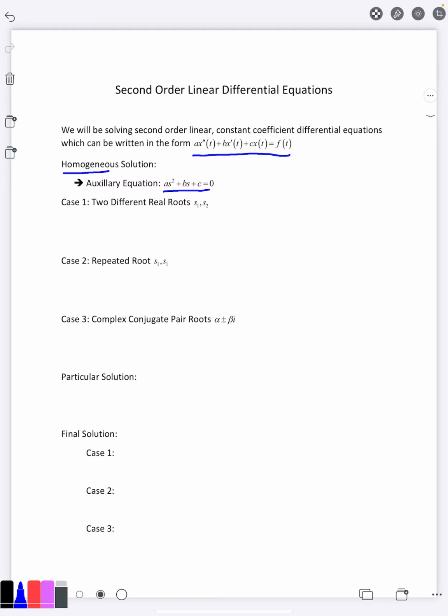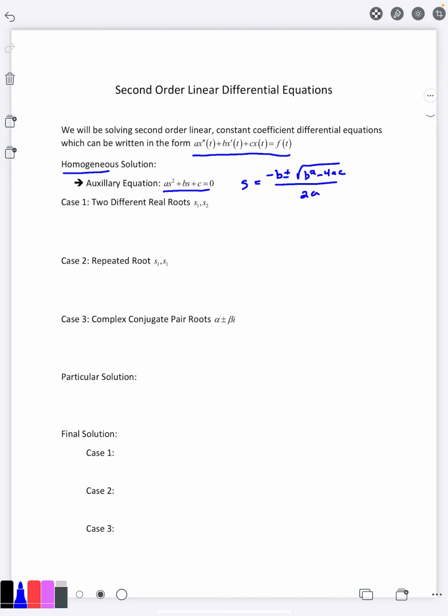Now at this point, you can either factor it sometimes, or failing factoring, you can use your quadratic formula. And I don't want to call S1, S2 just yet. It would be s is negative b plus or minus the square root of b squared minus 4ac all over 2a. And because of the plus or minus, you're going to get two answers.